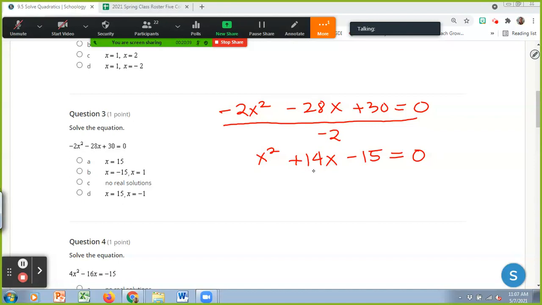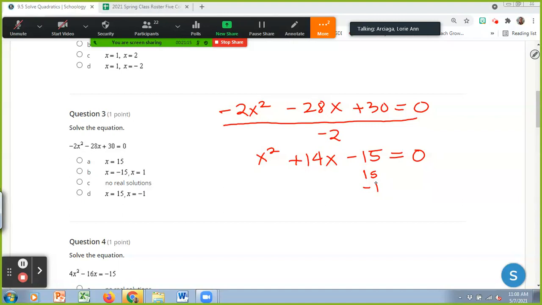Just try. -1 and positive 15. Perfect. So 15 times -1 gives you -15, and when you add them, you get positive 13.